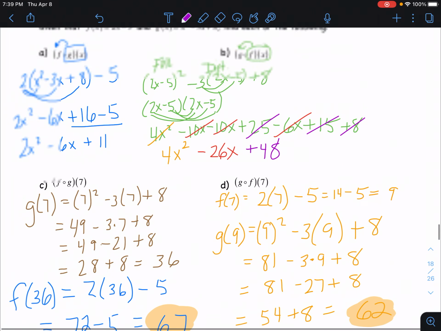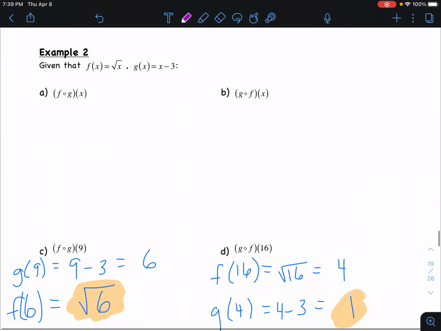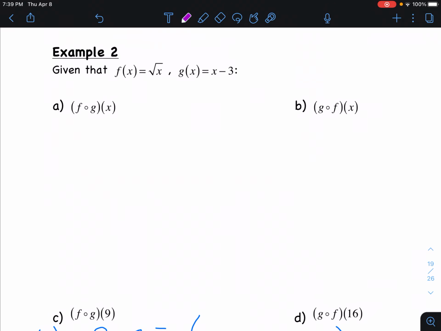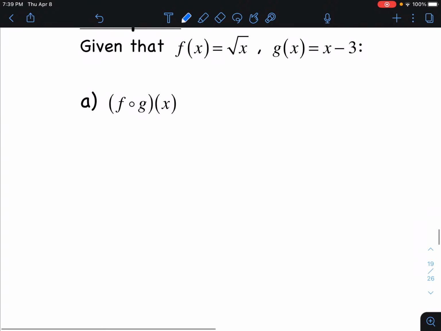Okay, let's try a couple more examples. Move down to the next page to example 2. So we're given two new functions here. We got a new function f of x is square root of x, and a new function g, which is x minus 3. So in A, it says f of g of x.